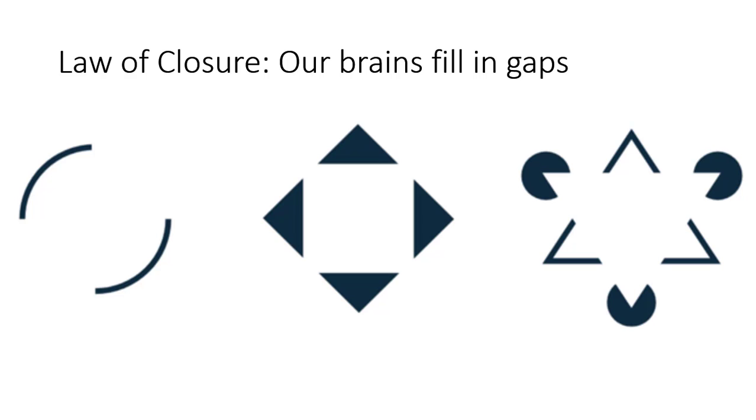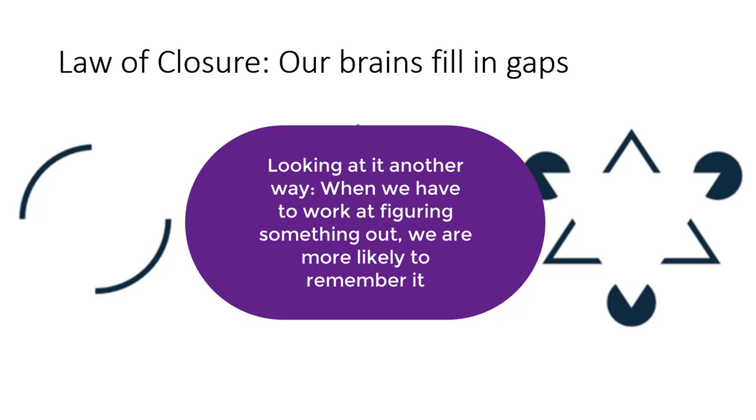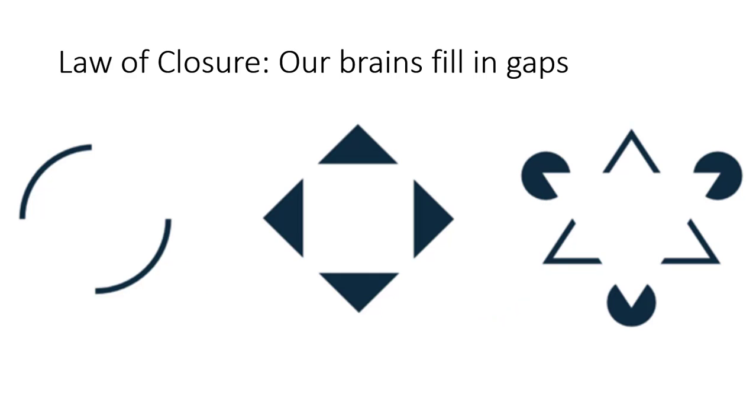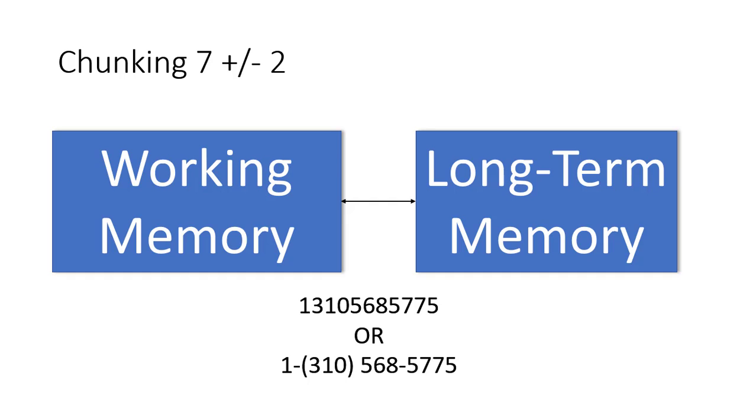Objects that do not have gaps, that are completed objects, so just a complete square, for example, are a little less memorable. So we tend to focus on these objects that have inherent gaps in them. This is kind of an interesting phenomenon, and it's one that we can very easily and readily see when we look at examples such as this one.